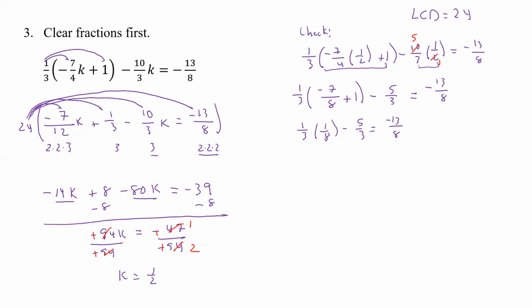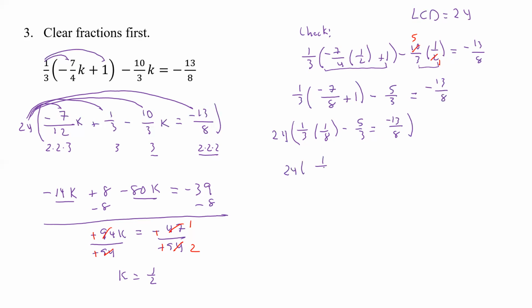So now what we could do is get a common denominator, or we could do what we did over here, multiply by that thing to get rid of all the fractions. And again, we have 3s and 8s, so our number here is going to be 24. Now, we probably should multiply those together first.